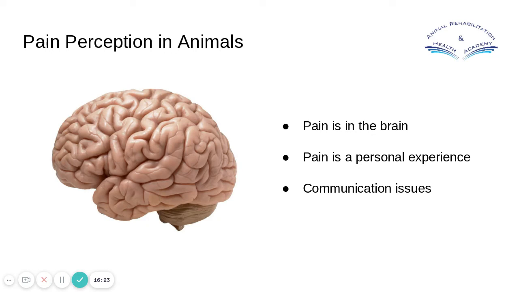So if I were to hammer a nail through two people's hands, which I'm not about to do, but if I did, and I asked one person to give me a score of 1 to 10 on their pain, one person might say 4, they're obviously quite tough, and one person might say 8. It's a completely personal experience. It's totally subjective, and we're not really able to reliably interpret what one person might feel against another.